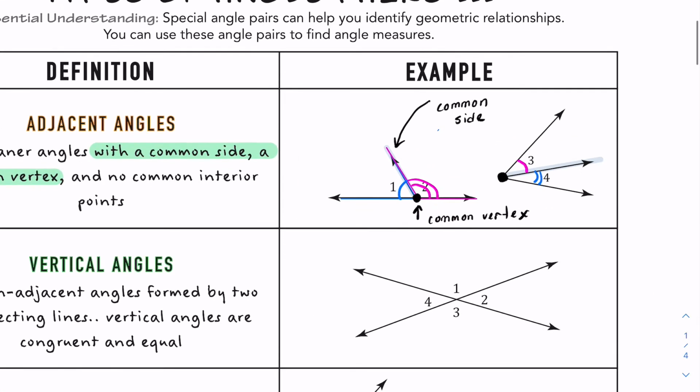If I drew you another example of adjacent angles, we could have something like this, with our common side being in the middle.